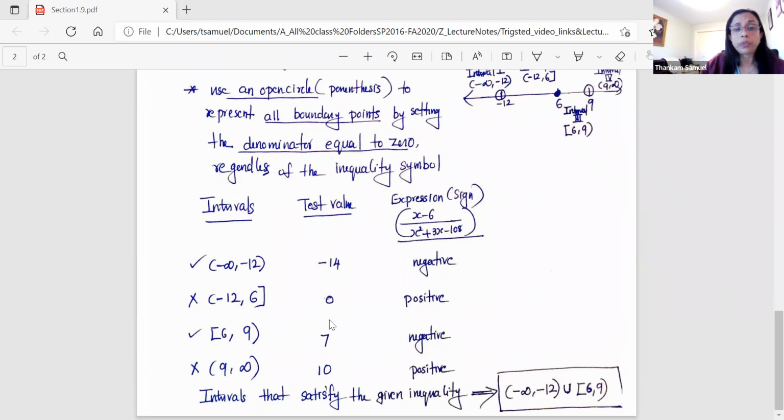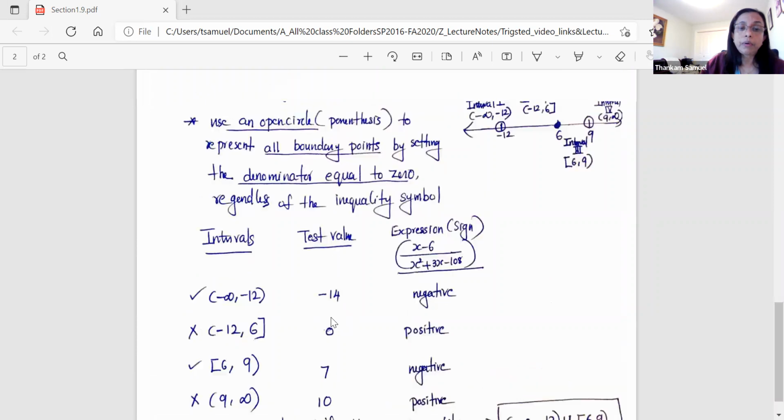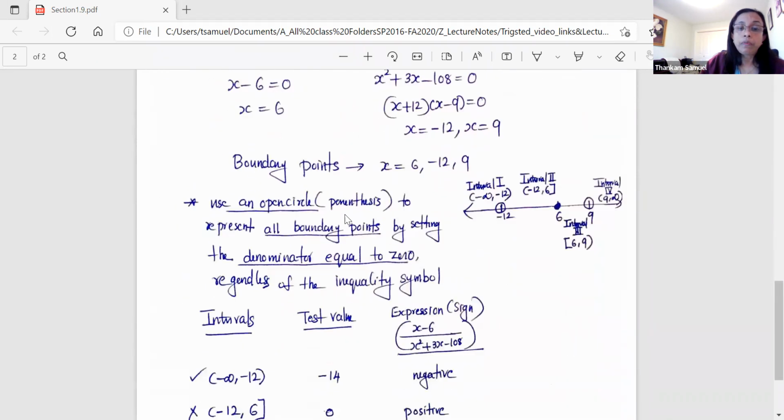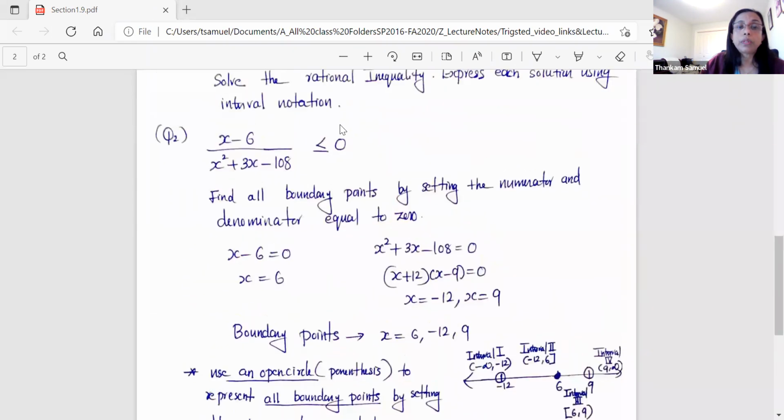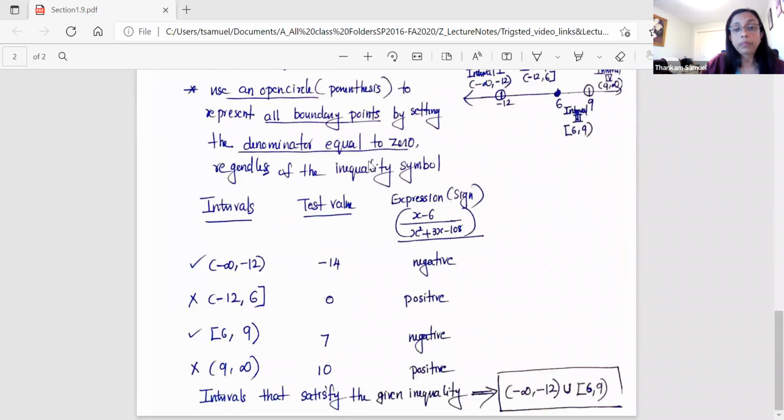Then let's choose another point from the interval negative 12 to 6. For convenience, we can use 0. When you substitute x as 0 in the original inequality, you will get a positive value. That means it doesn't satisfy this inequality because the expression is less than or equal to 0. Then for the third interval, bracket 6 to 9 with a parenthesis, let's choose 7 as the test point.